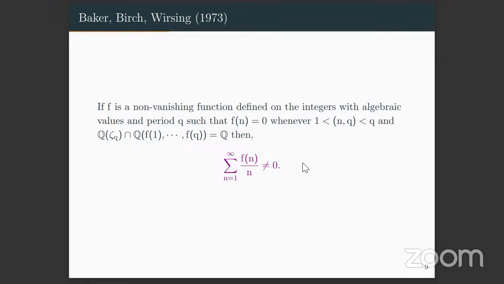If you take a Dirichlet character modulo Q, then certainly this first condition is satisfied because the Dirichlet character will vanish only for non-coprime values. And I don't know about the second condition. Will that be satisfied?